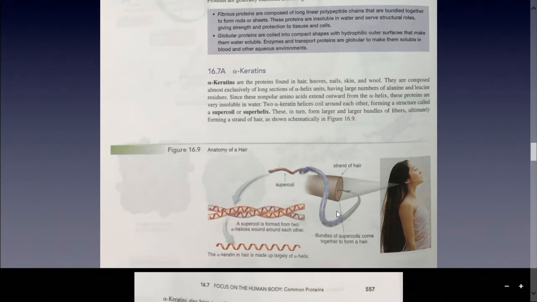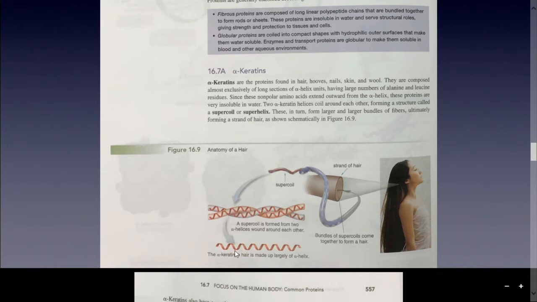If you just look at one strand of hair, it's pretty tiny, and to think that that tiny strand of hair is made up of tons of these bundles of supercoils. Each supercoil is made up of two alpha helices.